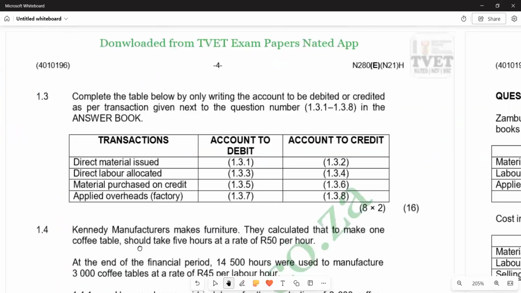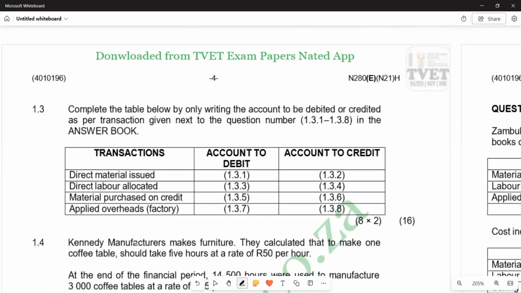We'll try to find out about the next question, that is 1.3, and it reads: complete the table below by only writing the account to be debited or credited as per the transaction given next to the question numbers 1.3.1 to 1.3.8 in the answer. We are given the first transaction, direct material issued. 1.3.1 is the account to debit, then 1.3.2 is the account to credit.